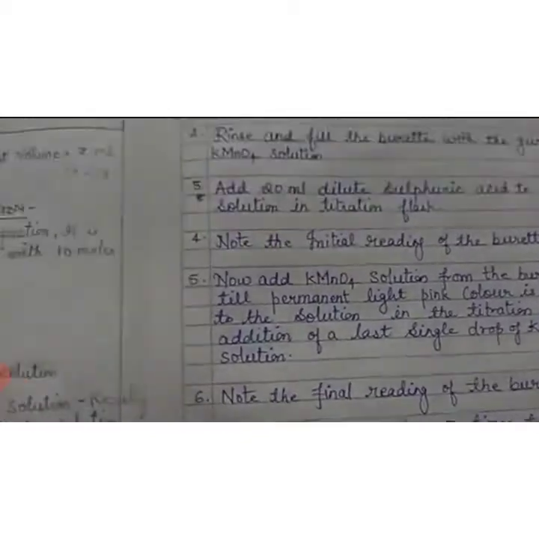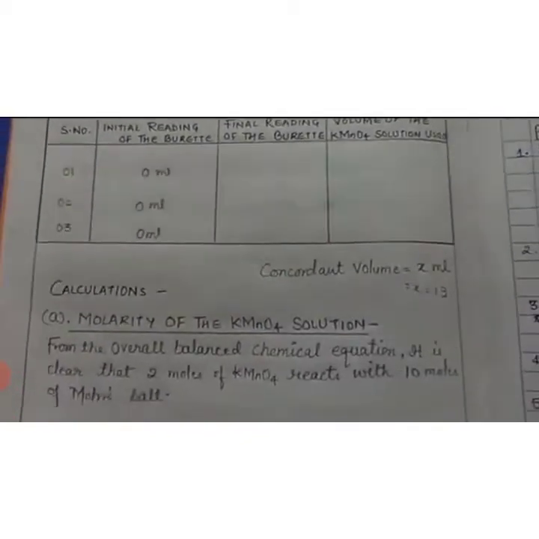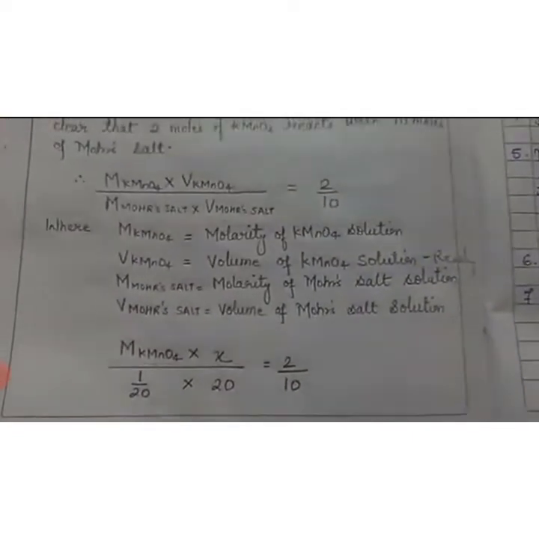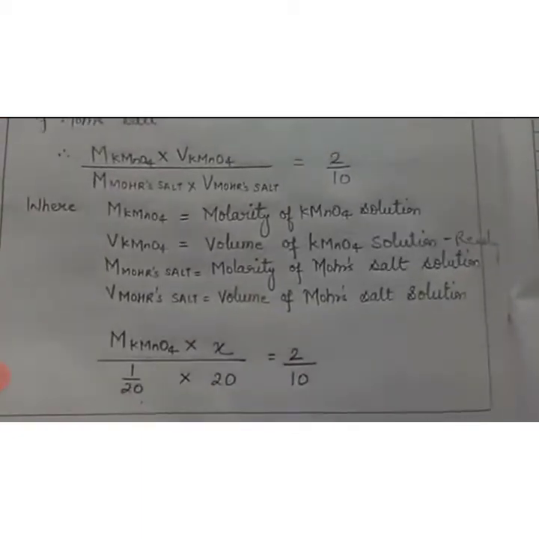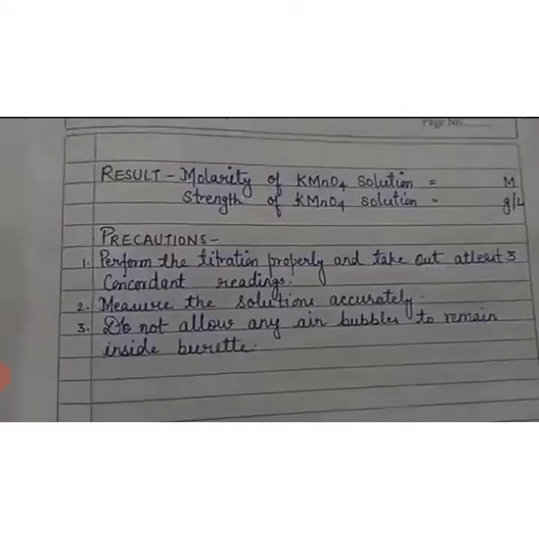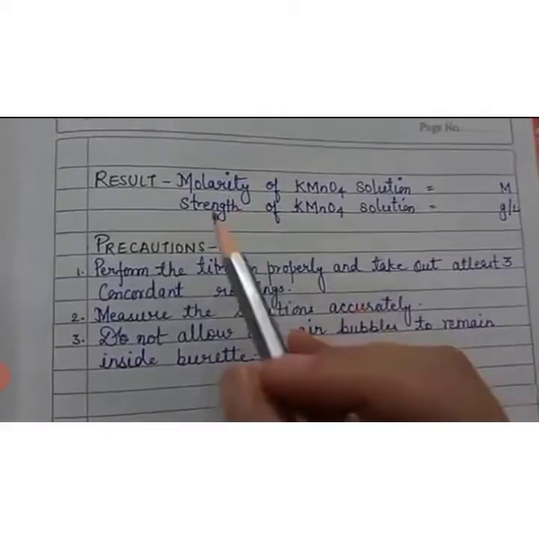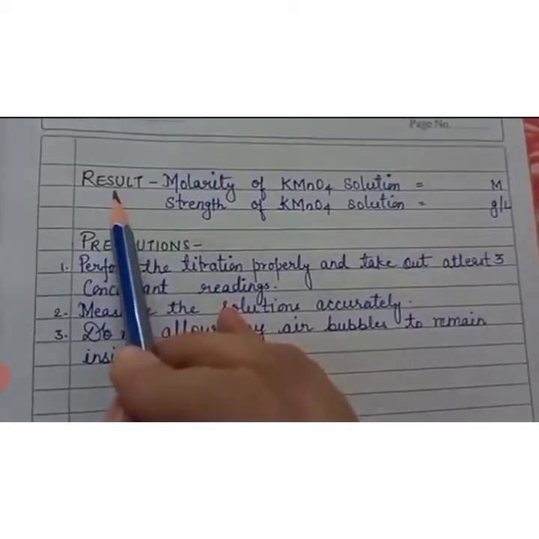Then on the plain side of your lab manual, you are going to put down your observation table and calculations. On the ruling side, we will put down procedure, and then we are going to put down the result.